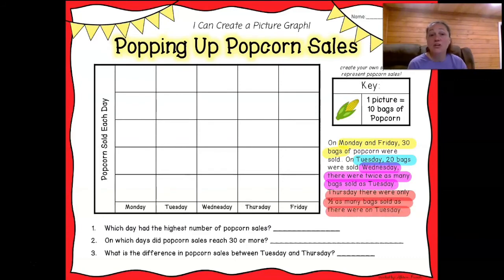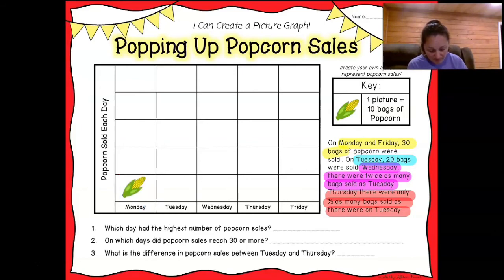So let's start charting what we do know, and we'll figure out as we go along. So we know that Monday and Friday, each time they sold 30 bags. So that would be, let's see, if one bag is 1 ear of corn, then on Monday, I'm going to do 30 bags, so that'd be 3 ears of corn. So I'm going to put one here.